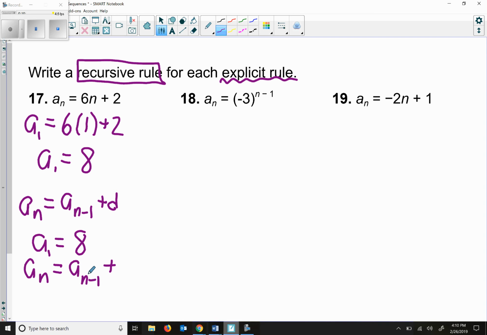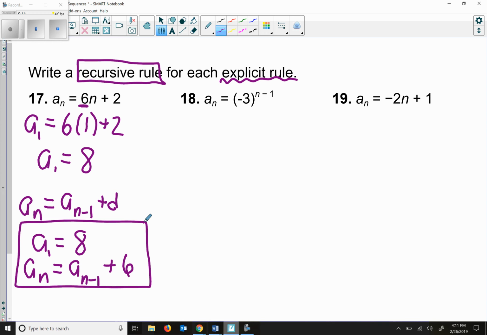Common difference here is going to end up being 6, because that's the thing that you are multiplying by. So you're not looking at the back term. You're not looking at what you're adding by each time. You're actually looking at what you're multiplying by. So that's going to be plus 6 back here. And that's going to be your recursive rule.